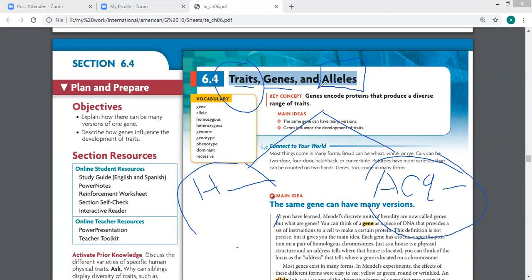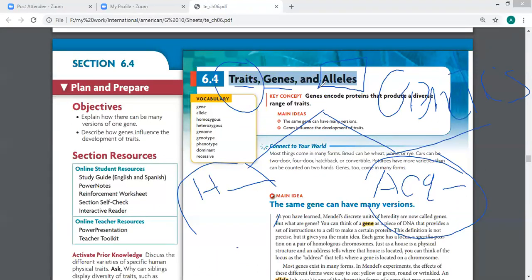And we know that the branch of science, or biology, that studies these traits and how they are transmitted from parents to their offspring is called genetics.